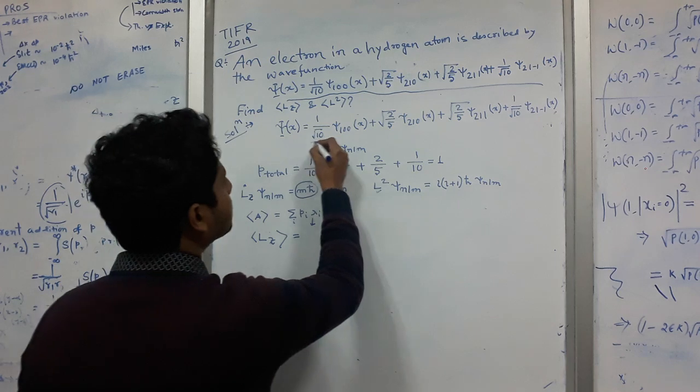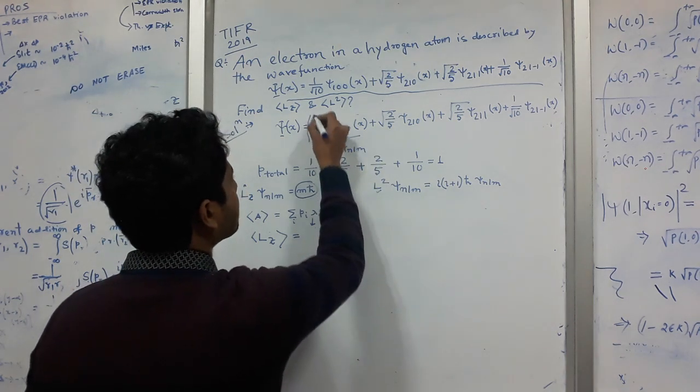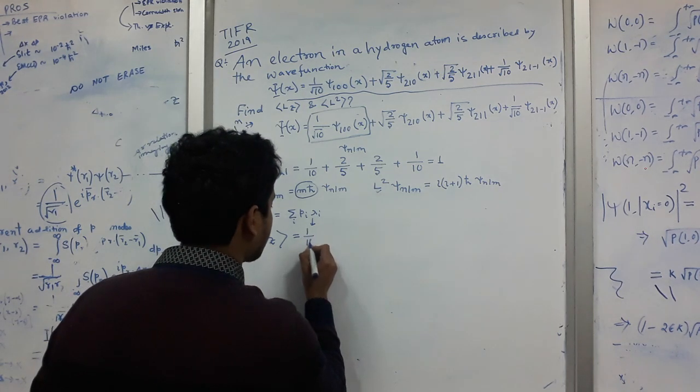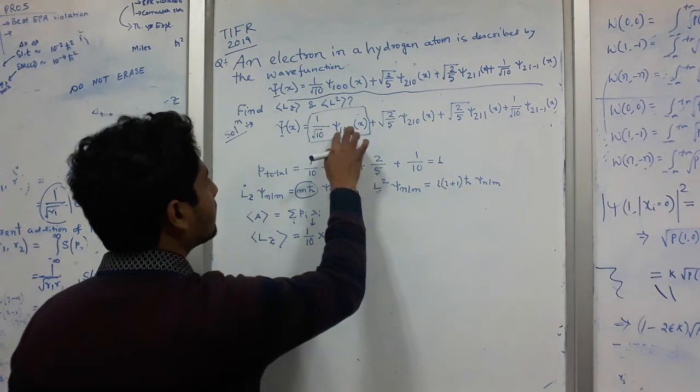So what is the first? First is this one. What is the probability of this? This is 1 by 10. And what is the eigenvalue?